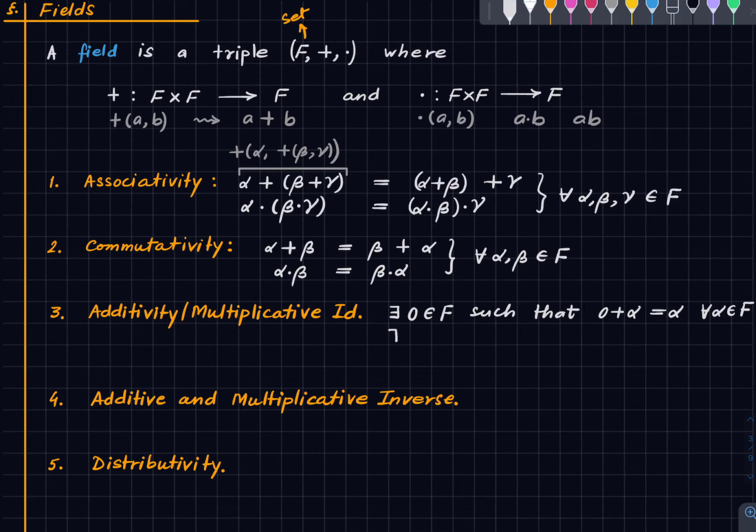And there exists an element, again which we will call 1, but nothing to do with rational numbers, such that 1 dot alpha is alpha for all alpha in F. Okay. And here it is important to show that actually there is only one such element.